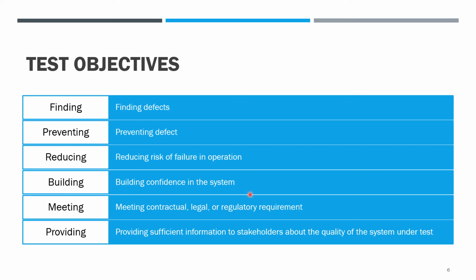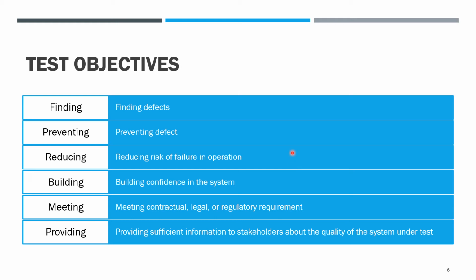You want to be able to build confidence in the system. The owner of the system wants to make sure that the system is checked in all aspects before launching it, for example, to the online system.